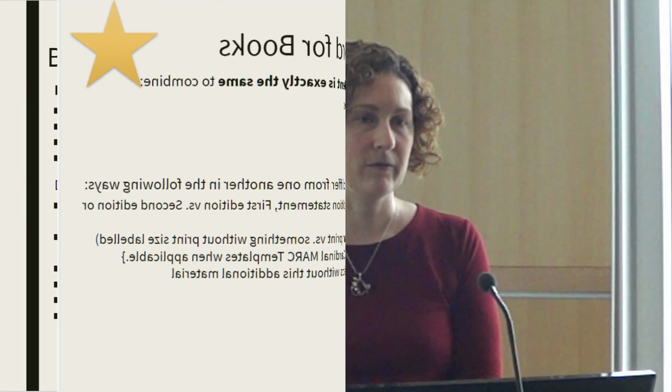So if you have 3 copies of Moby Dick in your library, one of them's a hardcover, one of them's a paperback, and one of them has a special introduction and explanations by some guy, then the first two, just the random, generic hardcover and paperback, can go on the same record, but the one with the special introduction by some guy goes on its own record, just because that's significant.